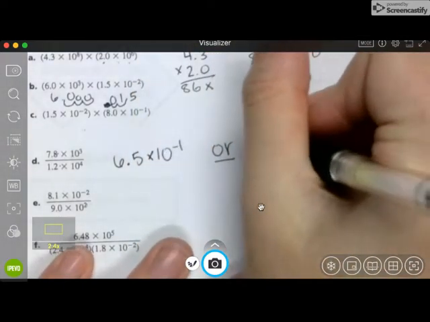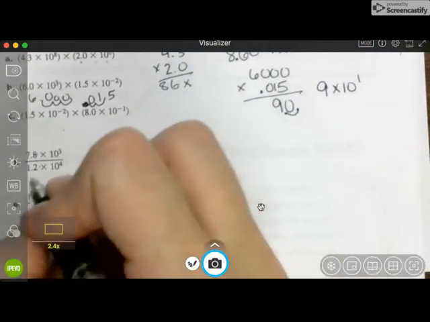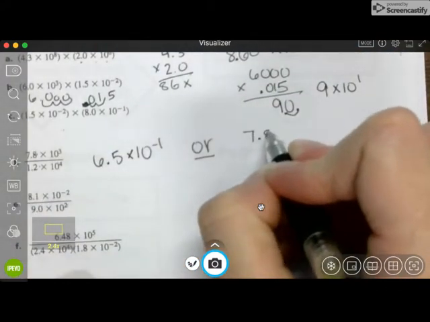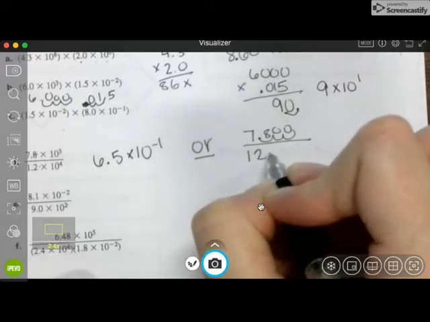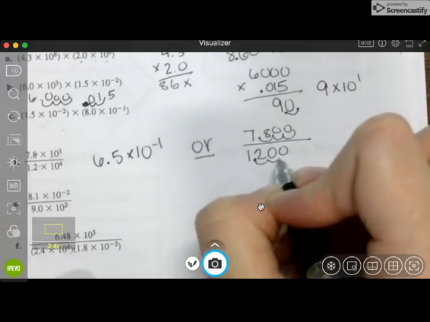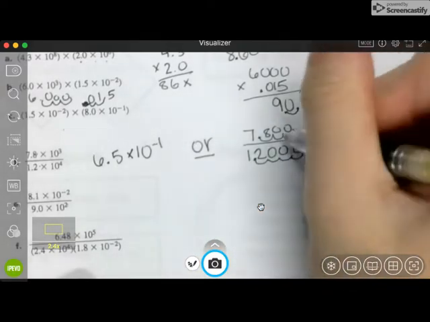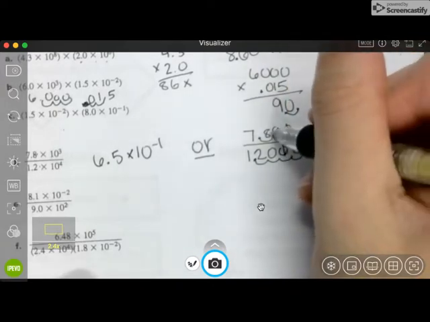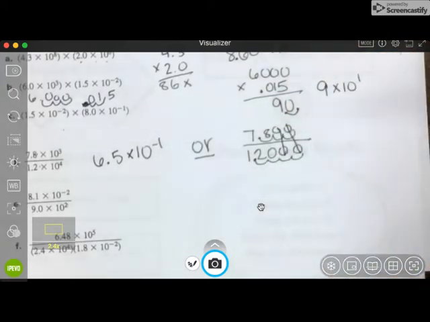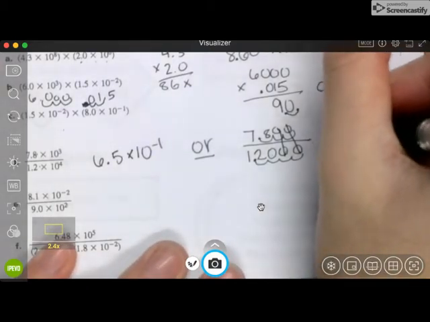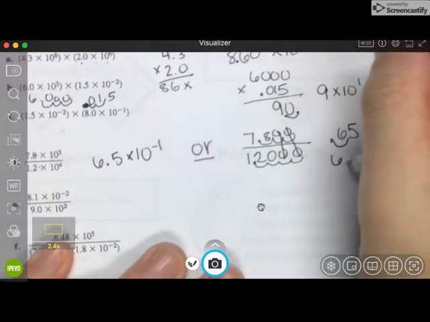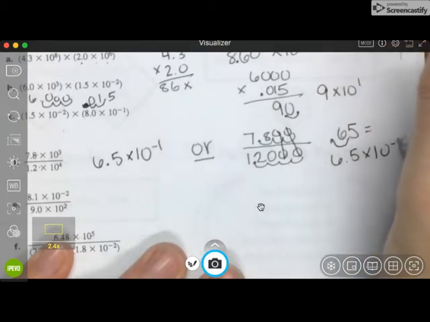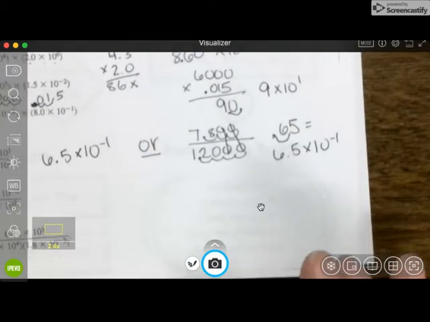Or you could do 7.8, move it 1, 2, 3, so 78,000 divided by 1, 2, 1, 2, 3, and 4. I can cross out my zeros. 78 divided by 120 is 0.65. Move that 1 to the right. So that becomes 6.5 times 10 to the negative 1. You get the same exact answer.